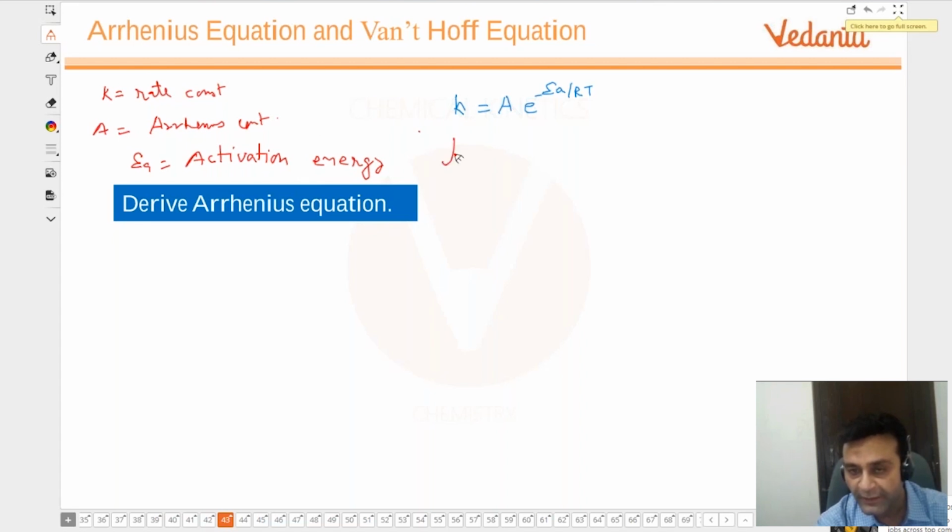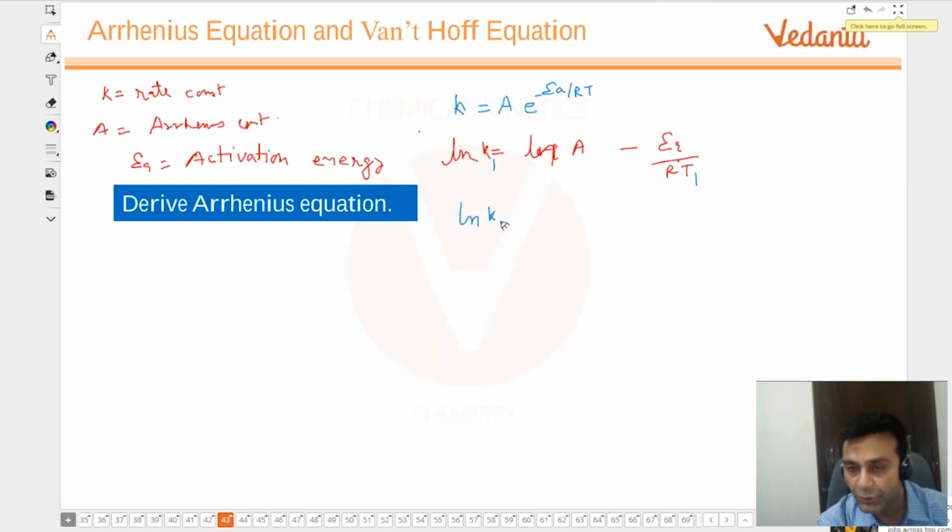Taking logarithm on both sides, natural log of K is equal to natural log of A minus EA upon RT. This is at T1 temperature, so K1 is there.